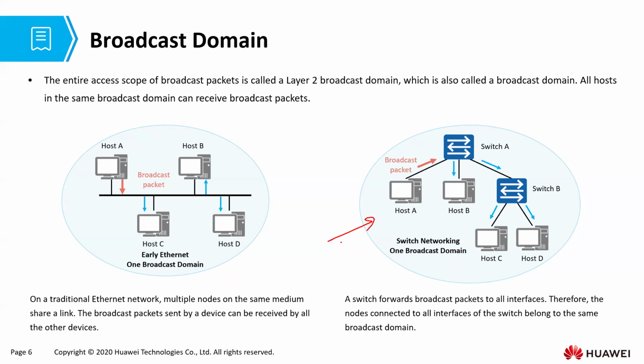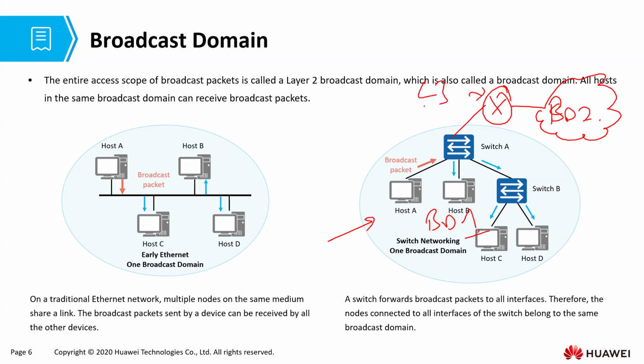What can separate my broadcast domain in our case is a layer 3 device, a router. So I can then create another broadcast domain. If this is broadcast domain 1, a router, a layer 3 device, can be used to separate my broadcast domains.